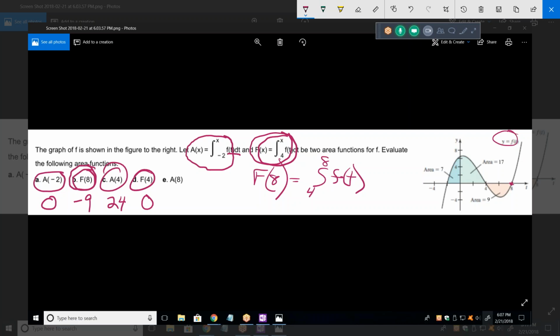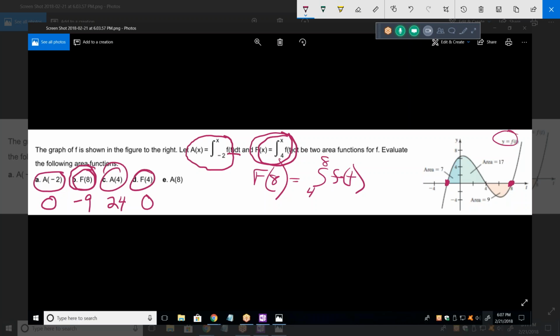Finally, A of 8 would be the net area from -2 to 8. So it'd be 24 minus 9, 15?